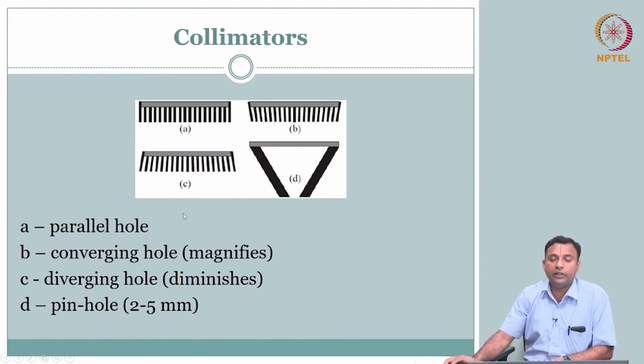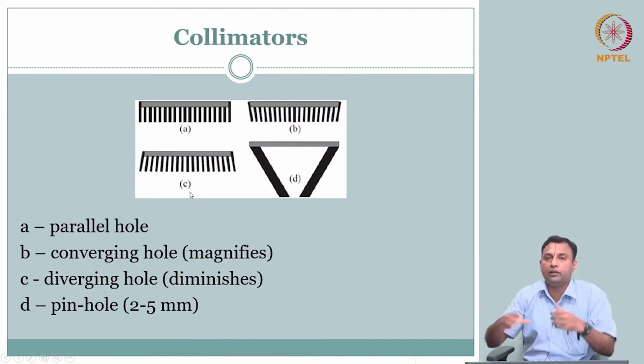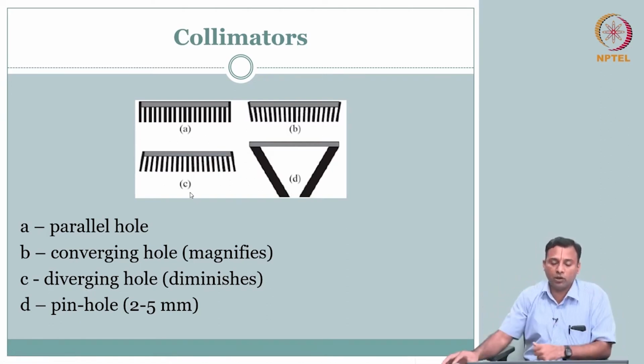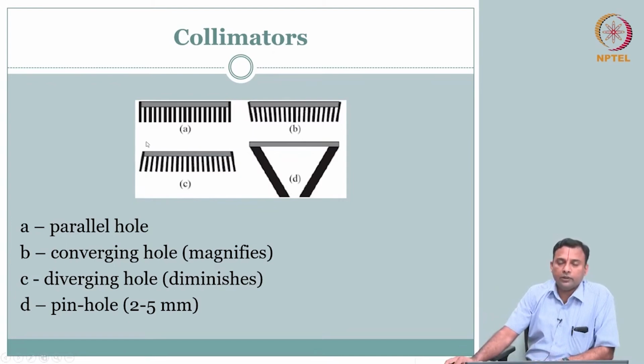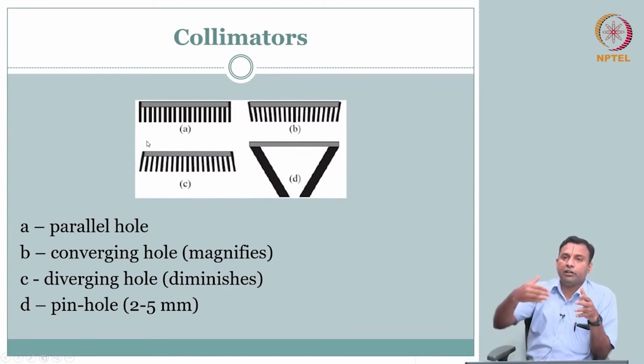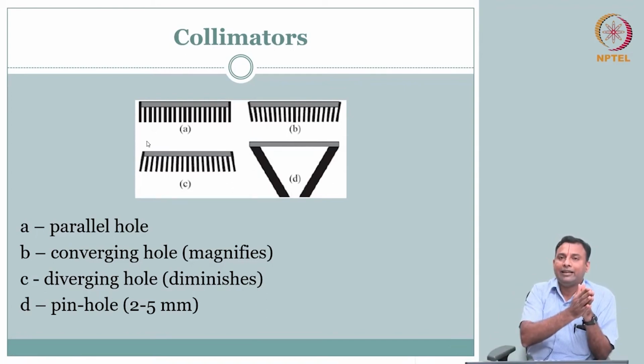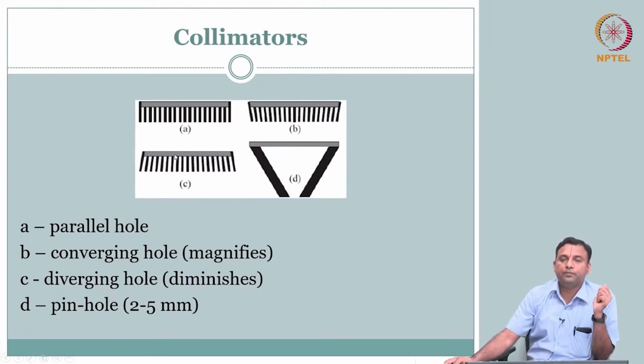So this one diminishes, so it puts that big field of view into a small one. So this is the relationship between the field of view of the object and the detector area that is going to be captured. Okay, so a small area you can blow up to the detector's full field of view, or a larger field of view you can reduce on the detector to a smaller region.